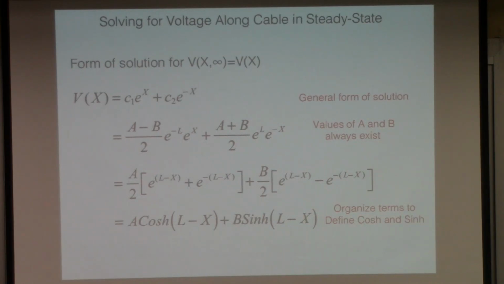But you need to know the electrotonic length of the cable to do it, so that's a given in these cable problems. And so multiplying this expression out to collect terms multiplied by A and terms multiplied by B, this is what you get when you do that.